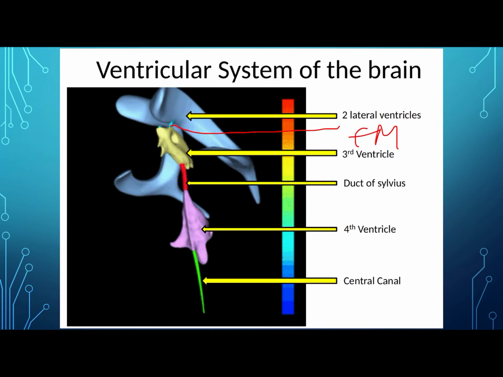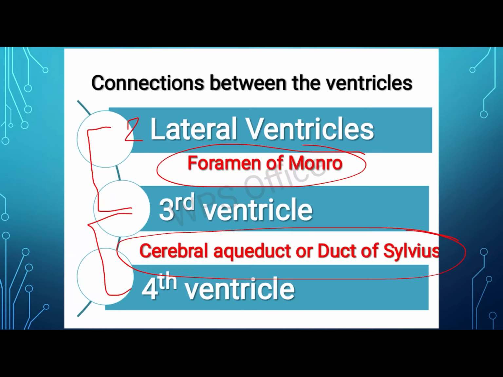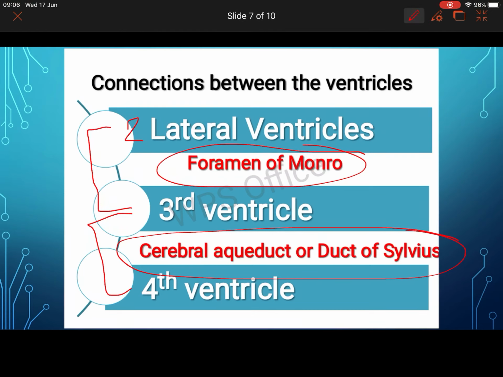So this is the third ventricle, as I told you before, yellow colored. This purple colored is the fourth ventricle, and present between both of them is the cerebral aqueduct or the duct of Sylvius. Then we have one more thing, that the fourth ventricle continues down as the central canal, and the central canal further continues down as the spinal cord.